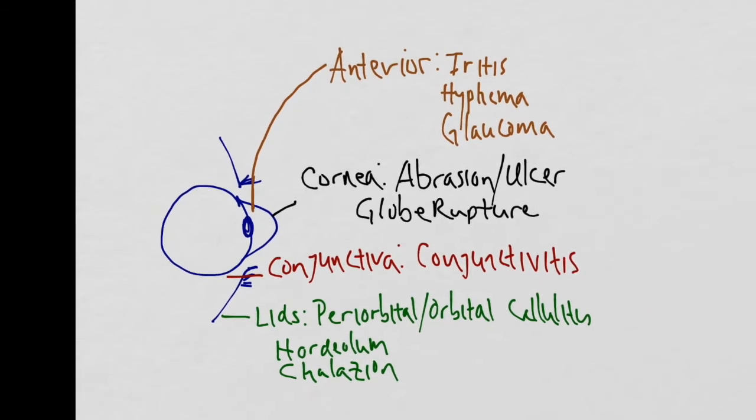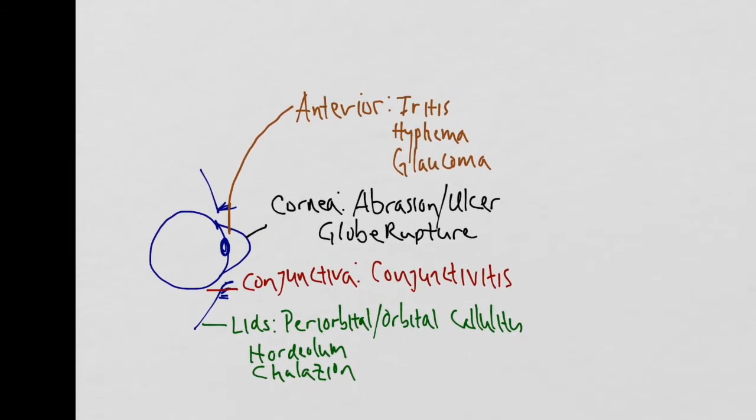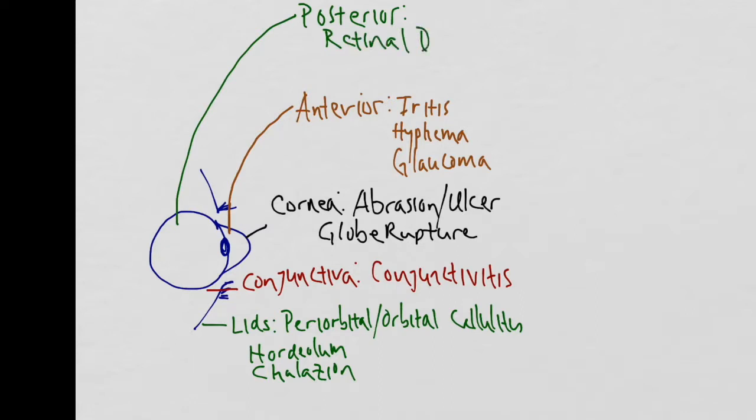The final place is the posterior chamber. I'm just going to zoom out so I have a little bit more room to write. And specifically, we're going to be looking for retinal detachment and vitreous hemorrhage.